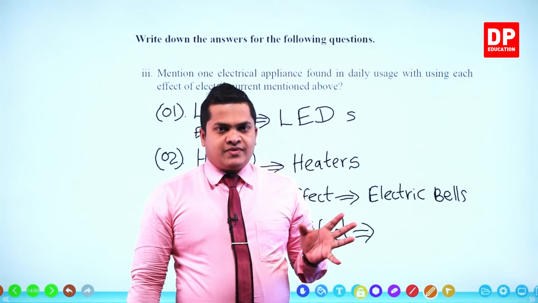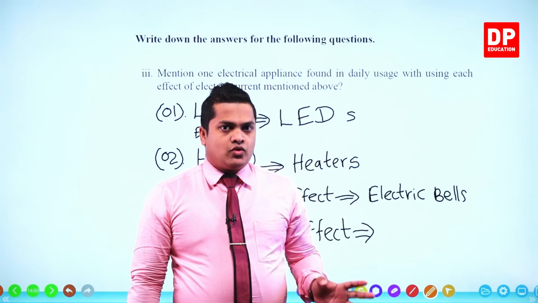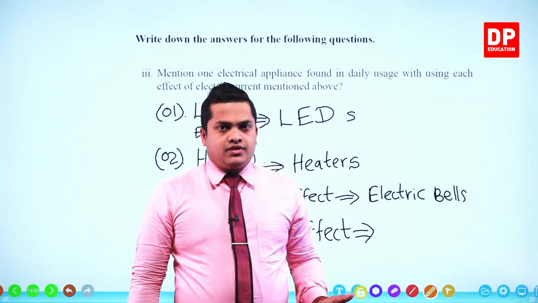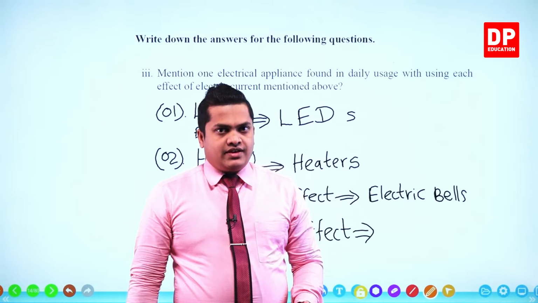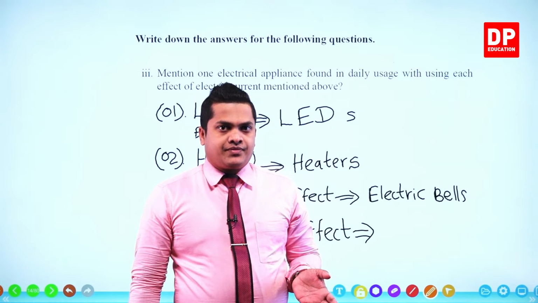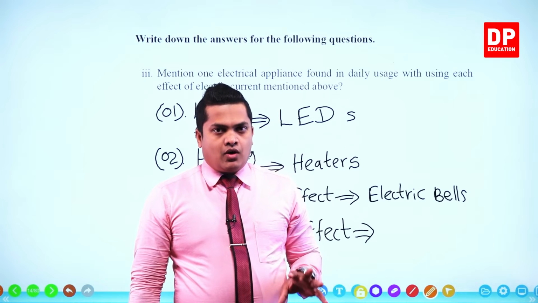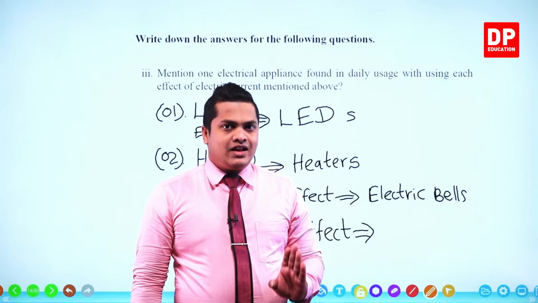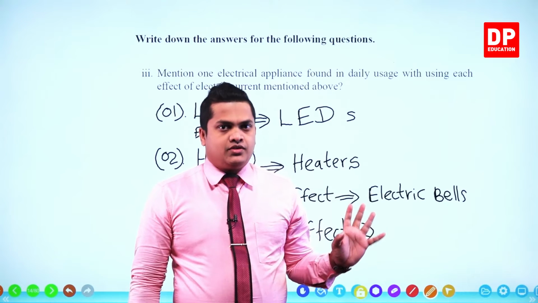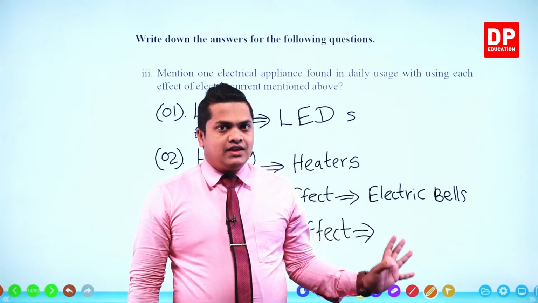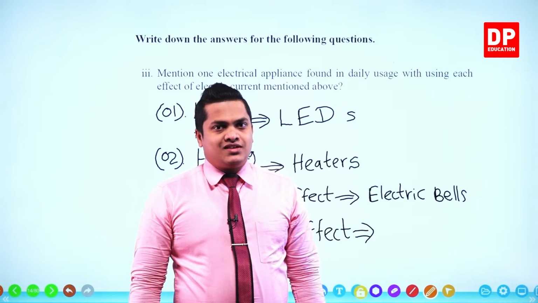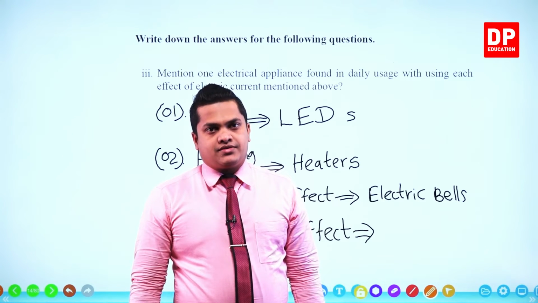So my dear children, the specialty here is that there are no certain types of household electrical appliances that carry the chemical effect of electric current. But however, in electroplating and electrolysis, we utilize the chemical effect of electric current. But there are no certain types of electrical appliances.